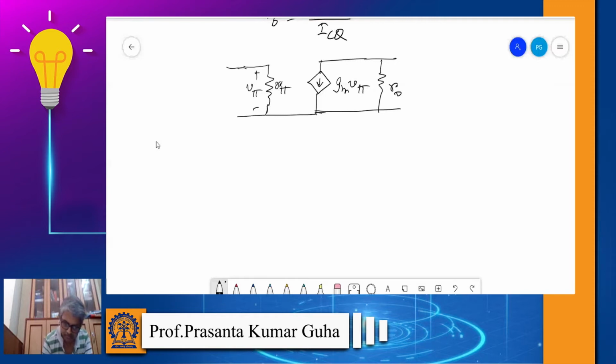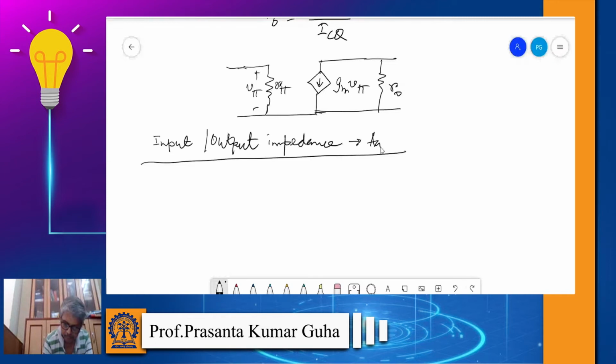This is very important, because what we do, we say this is my amplifier block.